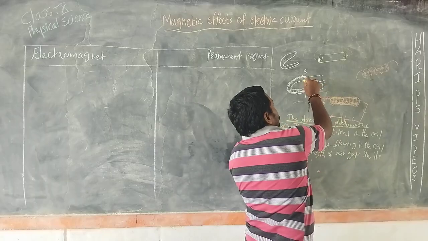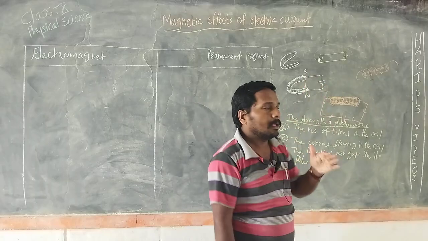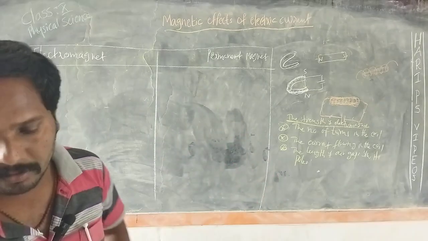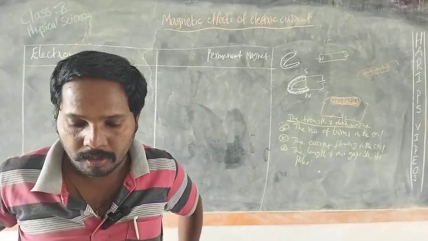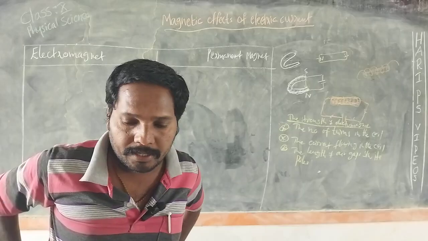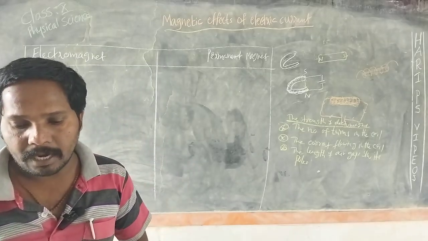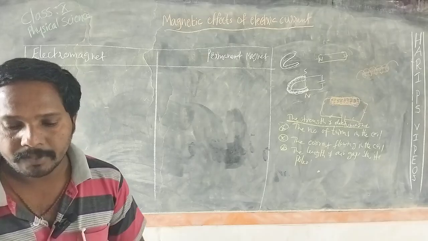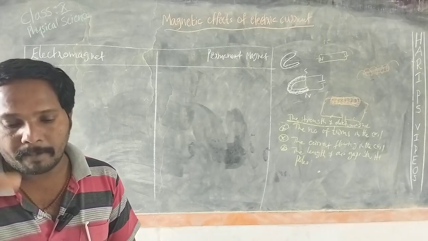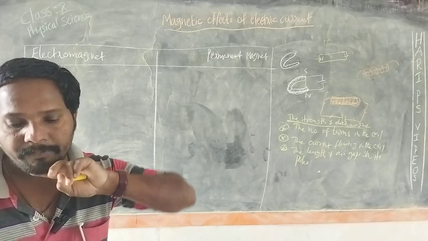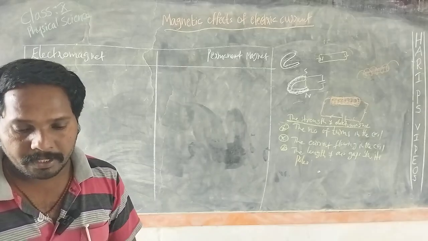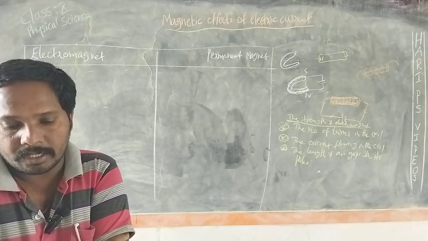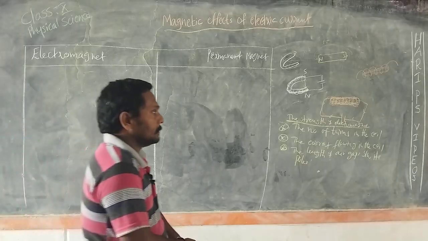If the length between the two poles is small, then the strength of the electromagnet is more. It should be noted that in many respects an electromagnet is better than a permanent magnet because it can produce very strong magnetic fields, and its strength can be controlled by varying the number of turns in its coil or by changing the current flowing in the coil.